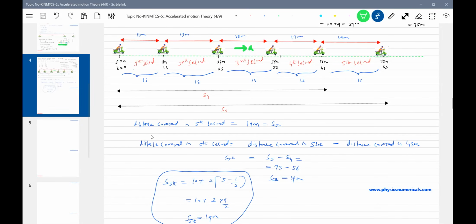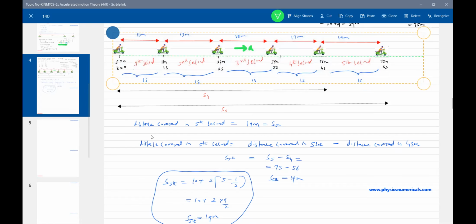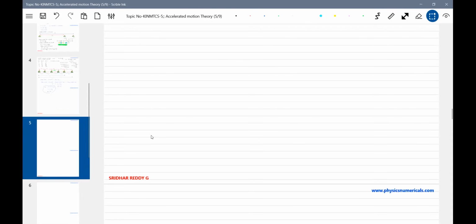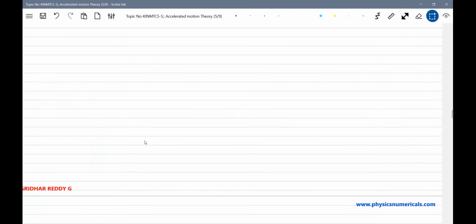Okay, let's go further. We'll discuss the uniform accelerated motion. I'll take the help of the same diagram. Next one, uniform accelerated motion.